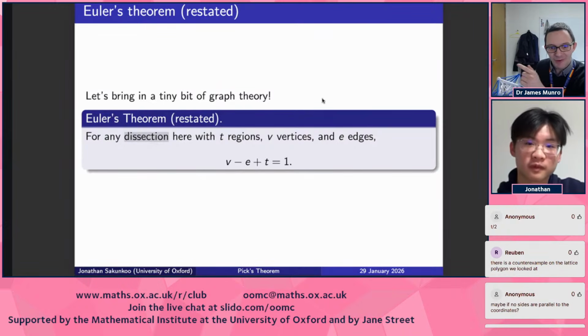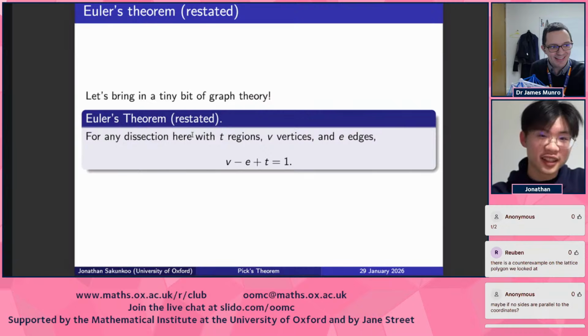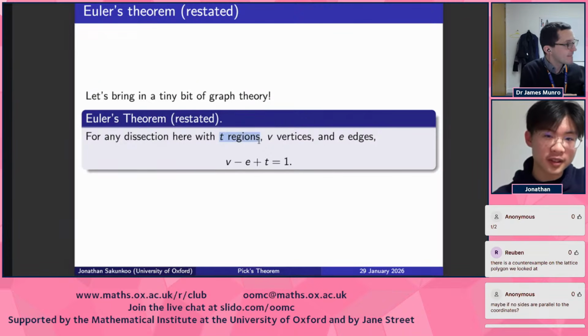Jonathan's formula has 1 on the right hand side, but there is a connection. It's 1 instead of 2 because in the actual formula, instead of T regions it would be F for faces.